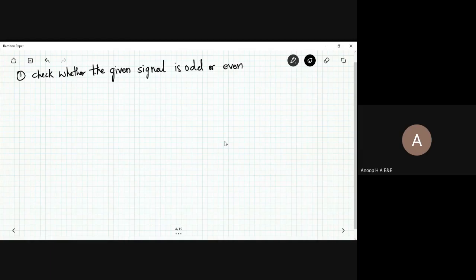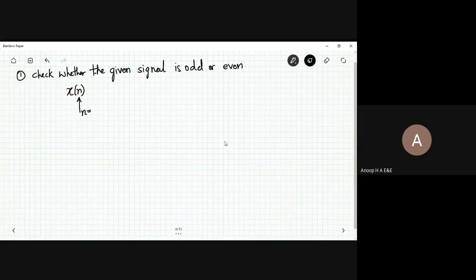Check whether the given signal is odd or even. What do I need to do? I need to write the signal x of n. So x of n, this is the value of n, the number of samples, like 1, 2, 3 or 4. That is the discrete signal there. Only at that instant of time you will be getting the values there.